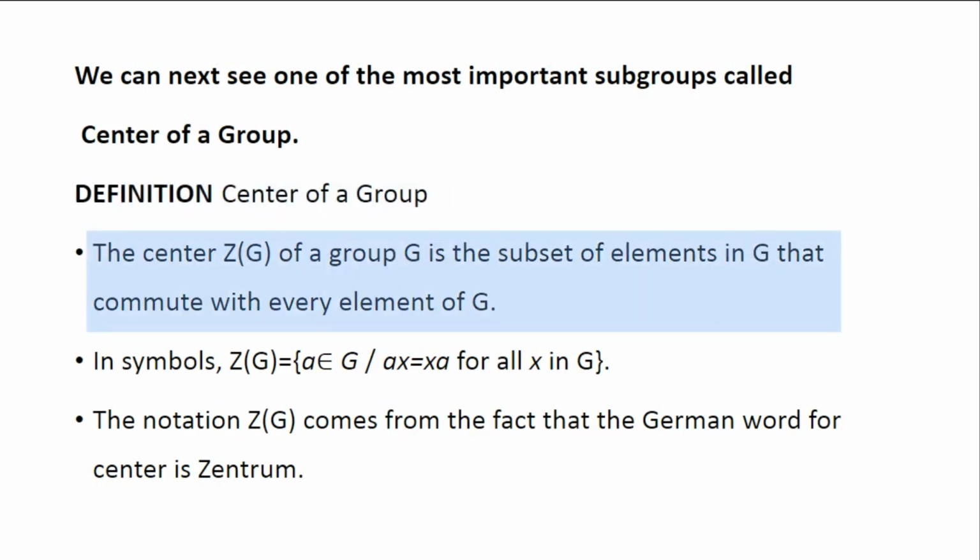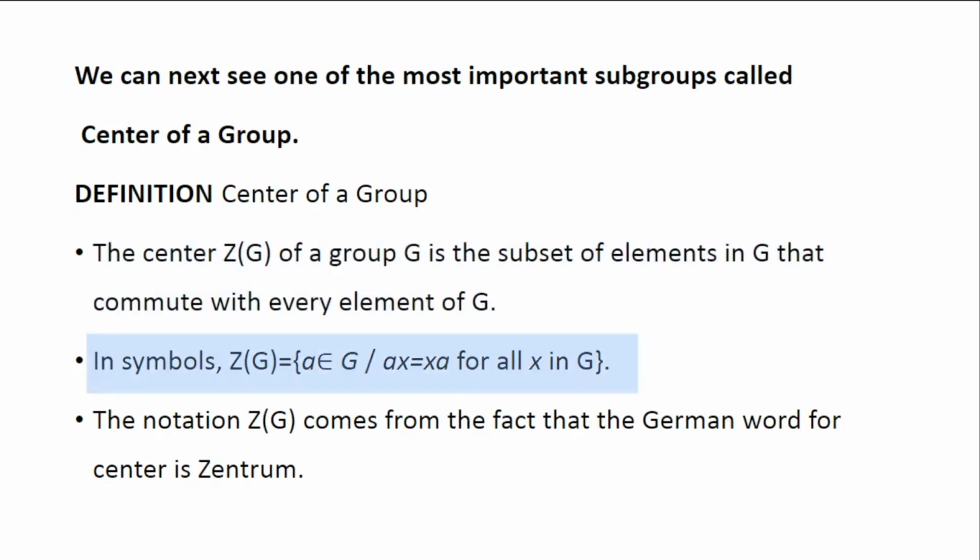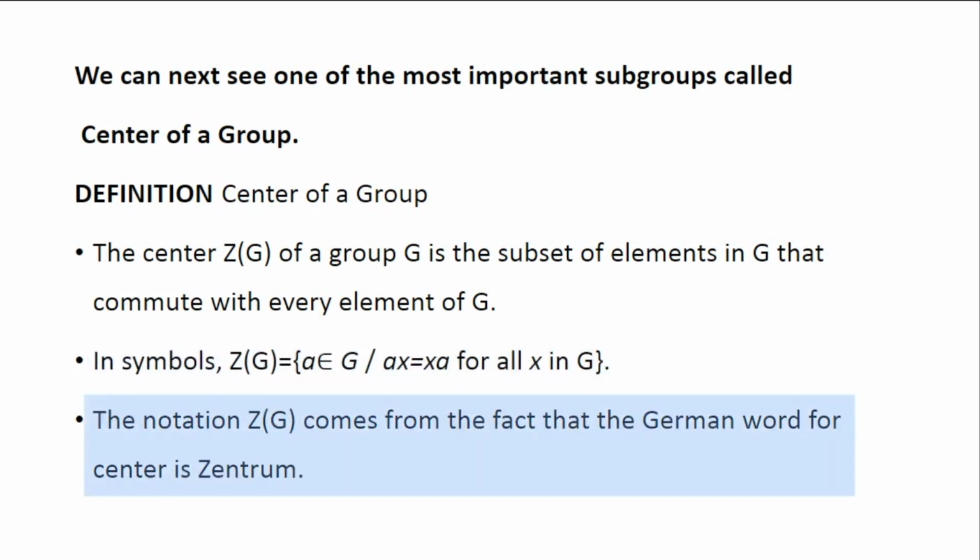The center Z of G of a group G is the subset of elements in G that commute with every element of G. In symbols, Z of G is equivalent to the set of A in G such that AX is equivalent to XA for all X in G. The notation Z comes from the fact that the German word for center is Zentrum.